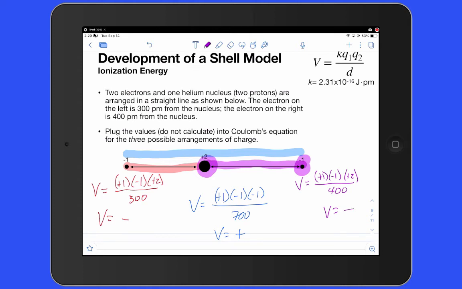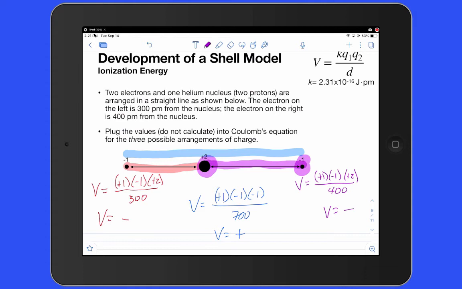So our electrons are attracted to the nucleus. They're repelled by each other. What's greater, those attractions or that repulsion? The attractions. For several reasons. What's one reason why the electrons are more attracted to the nucleus? They're closer to the nucleus than each other.